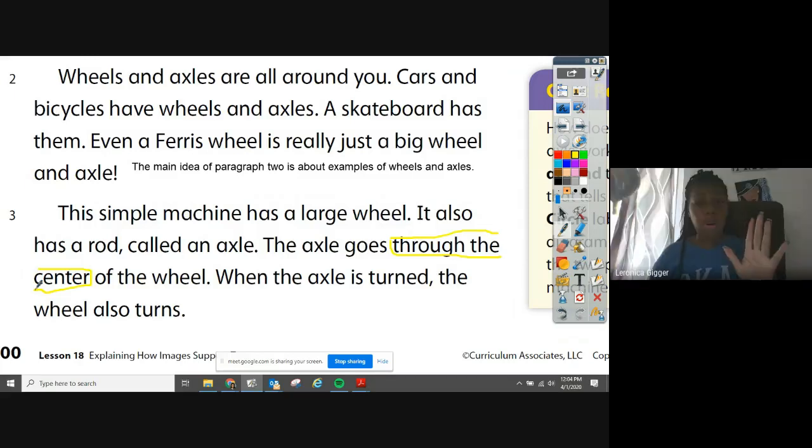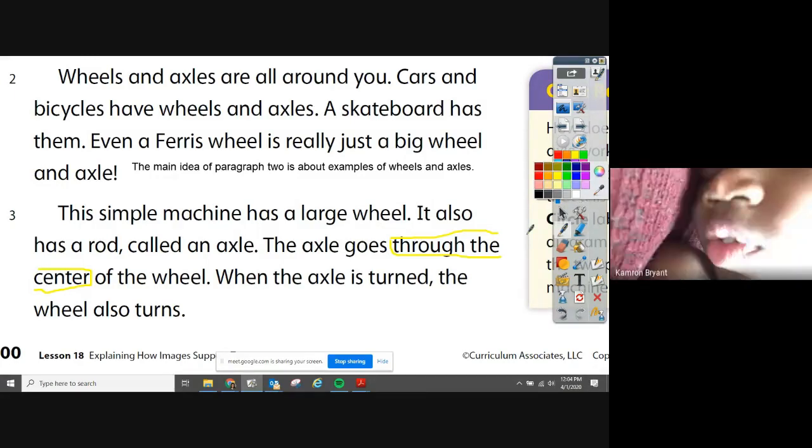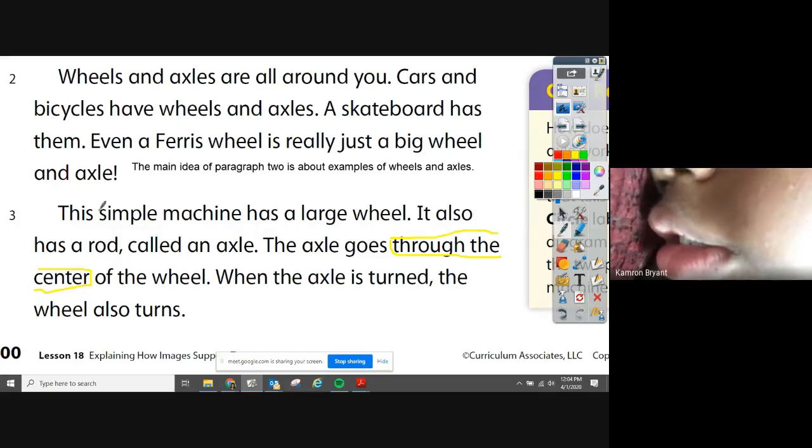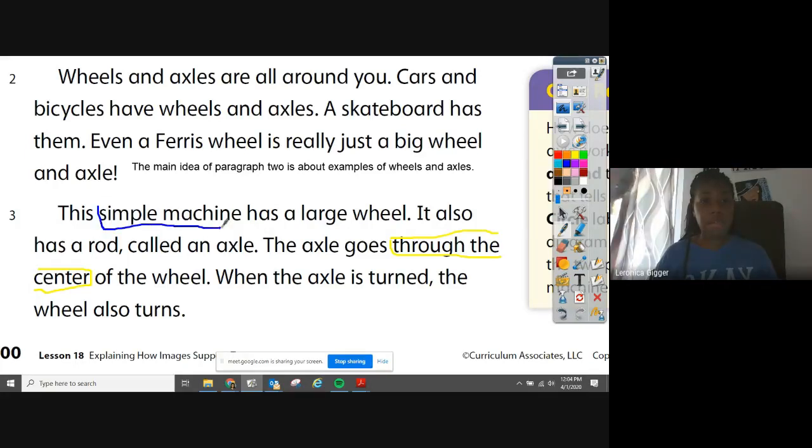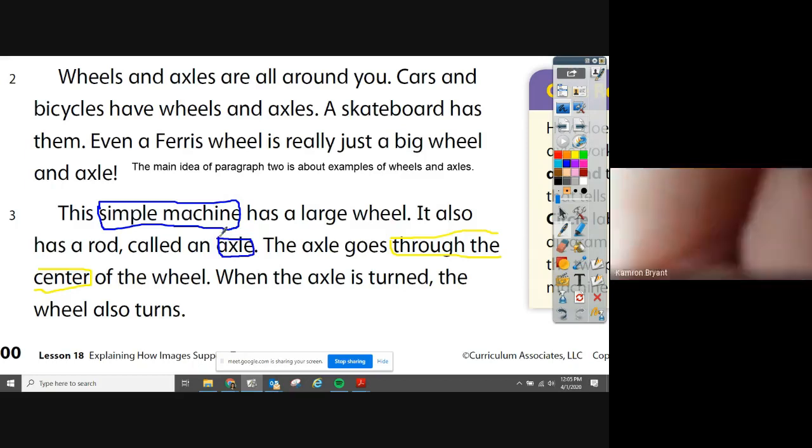Who? What? And I skipped a what. What is being talked about in paragraph 3? What are some things that we learned in paragraph 3? Simple machine. Yep, we have simple machine again. What else is a thing? Axle. Okay, is a thing. A wheel.